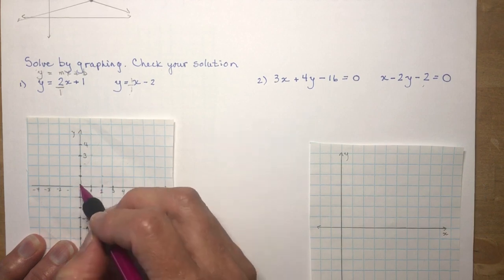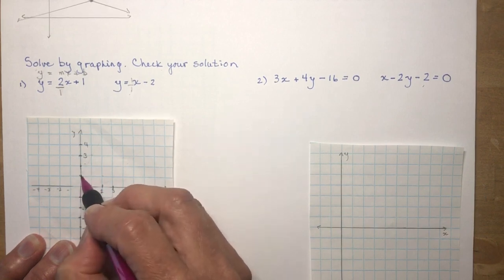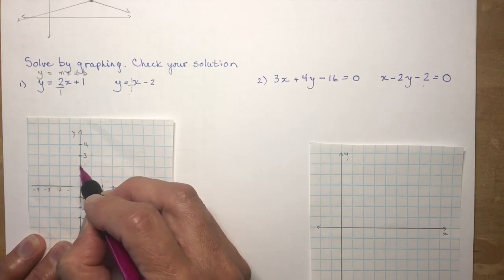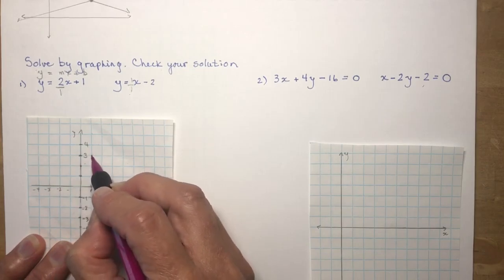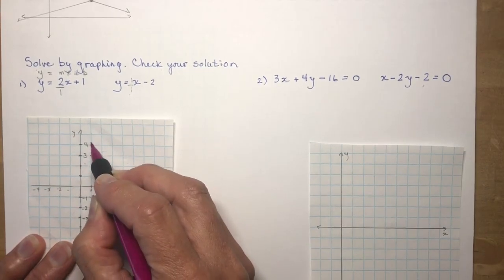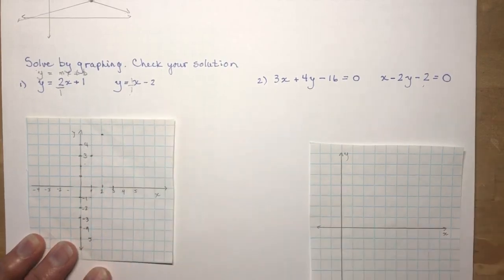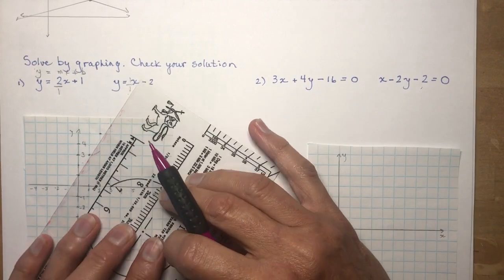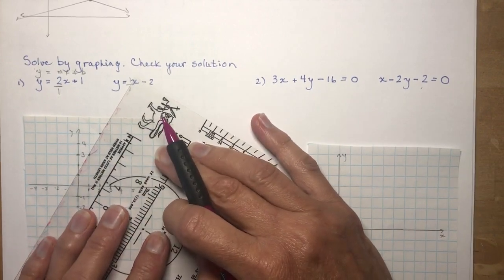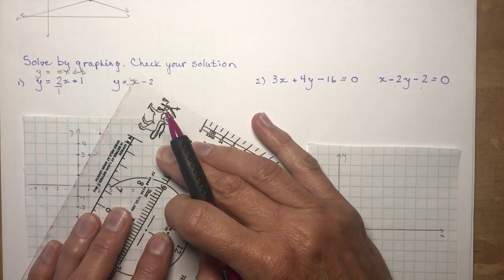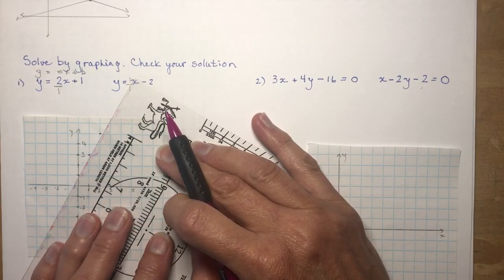So for 2x plus 1, I go to 1, my y-intercept, and I'm going to go up 2 and over 1, and up 2 and over 1, and go right through all of those points as accurately as possible.